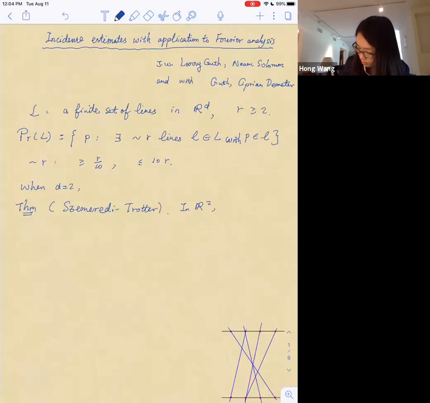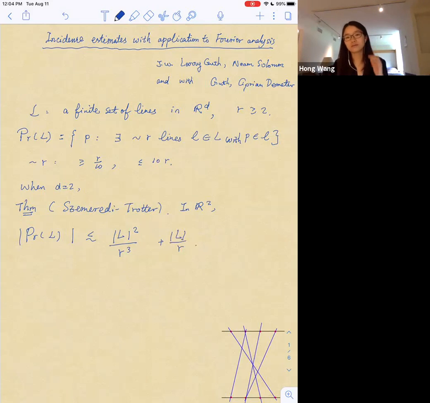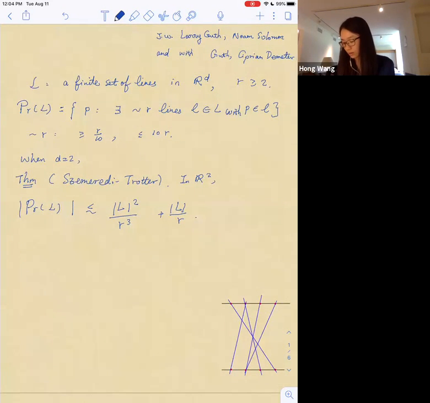Which says that the number of R-rich points for any set of lines L is bounded by a constant times L squared divided by R cubed plus L divided by R. This Szemerédi-Trotter theorem is sharp for the following example.